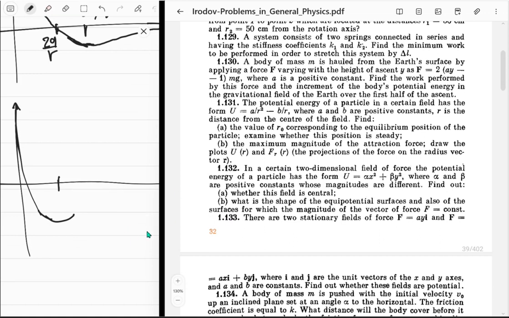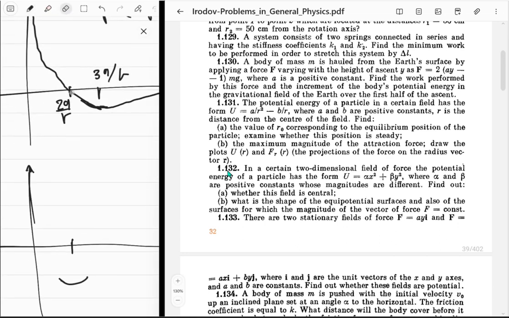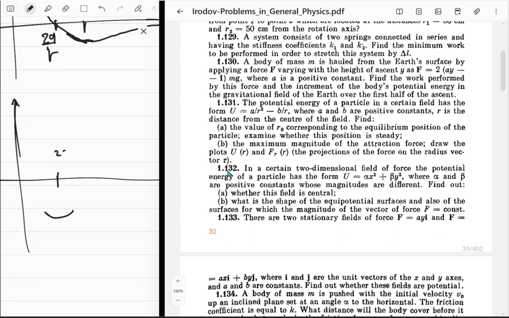After a certain point, it becomes 0. When does it become 0 really? It becomes 0 at r equal to a upon b. Oh, it should be b, sorry, over here. So at 2a upon b, this thing is the minimum. At a upon b, this thing is 0.